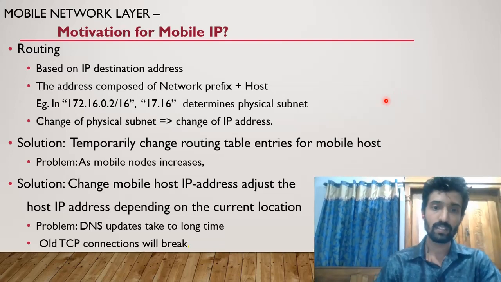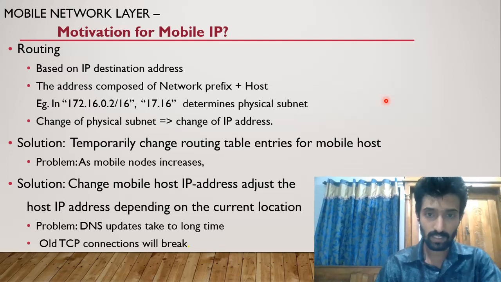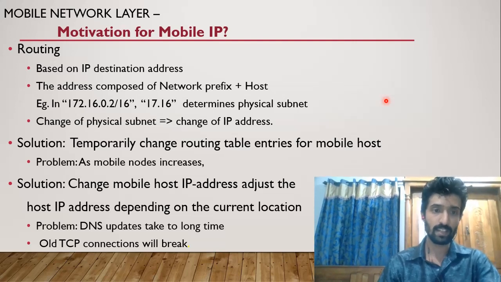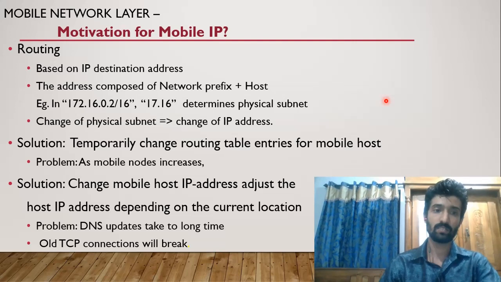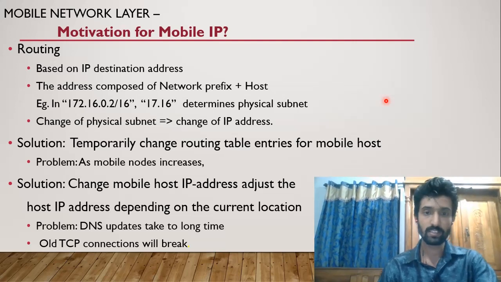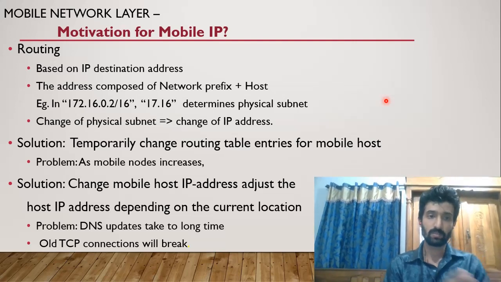We have seen that in the traditional network layer of the ISO OSI model, IP addresses are assigned to machines in a way that the IP address tells the physical location of the device, in which network it is located. So the IP address is assigned based on the network, because the first part of the IP address is the network prefix that decides which network the device belongs to.